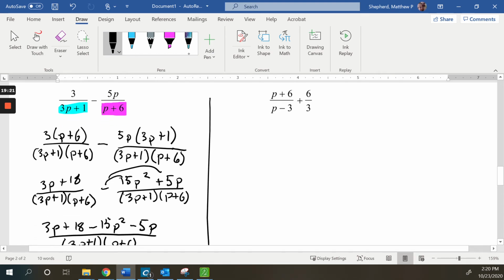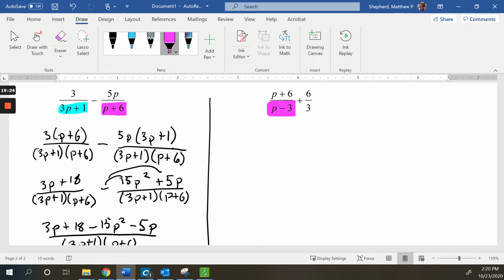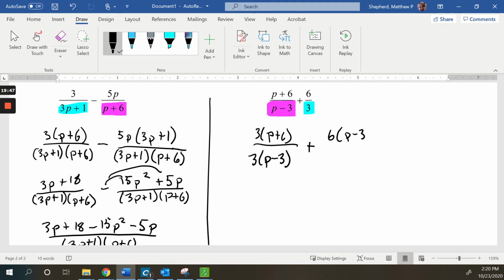All right, so once again, our denominators, we have that as a p minus 3 as a factor, and we've got 3 as a factor. So I'm going to multiply all of the first fraction by a 3. And then all of the second fraction is going to get multiplied by p minus 3. So now we've got the same denominator.